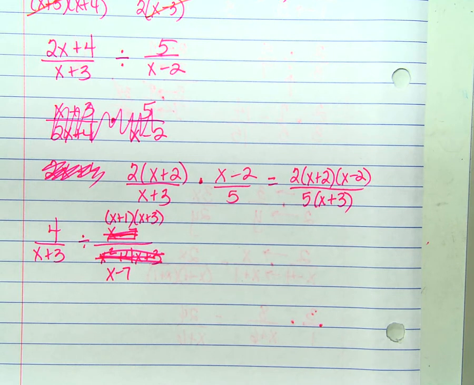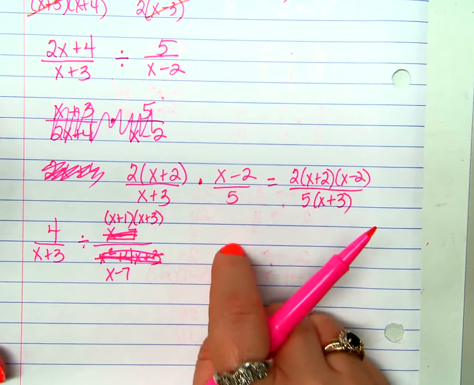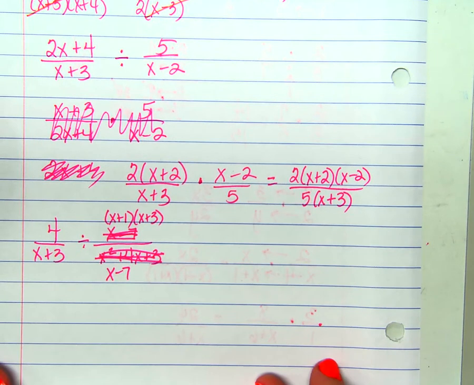What did I do? I got the reciprocal and simplified in one step. Oh my goodness. Can you handle that? If you can, please do it. If you need to rewrite it separately like we did on this one, please do it. That's a personal preference thing.